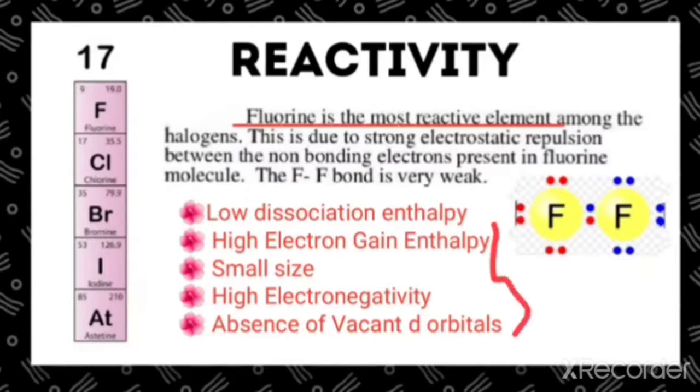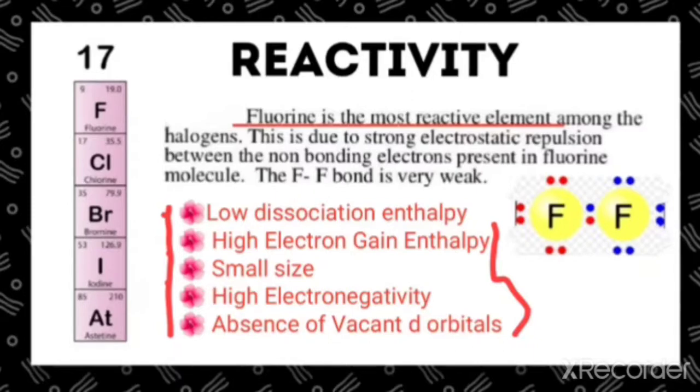Whenever a reasoning question comes for fluorine compared with its own members, if you write all these 5 points, any one of the points will be the correct reason for that question.